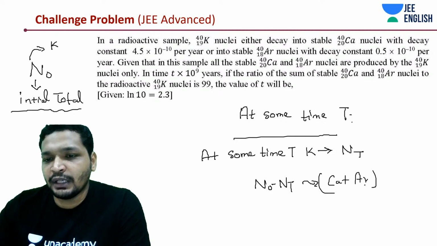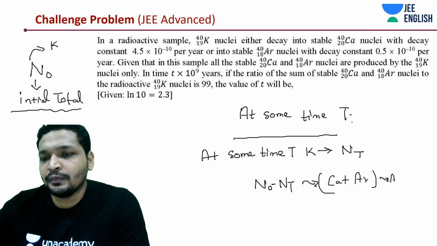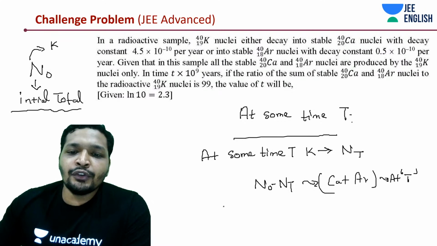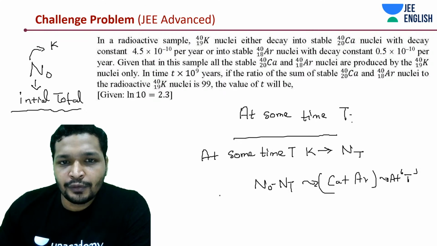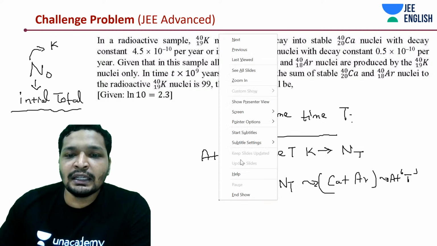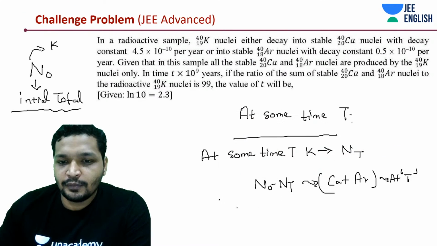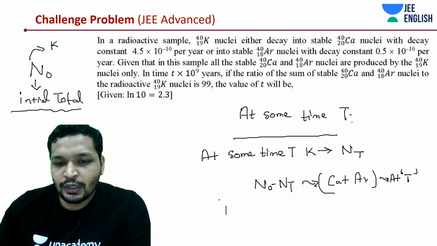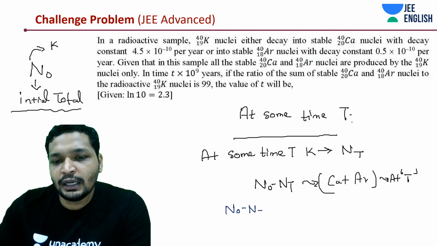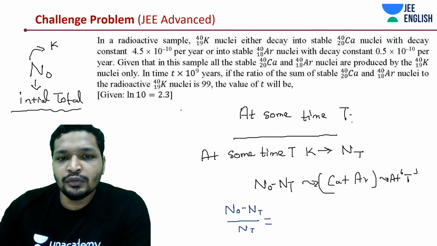Now at that time t, given to you is the ratio of N0 minus NT divided by NT, which is equal to 99.